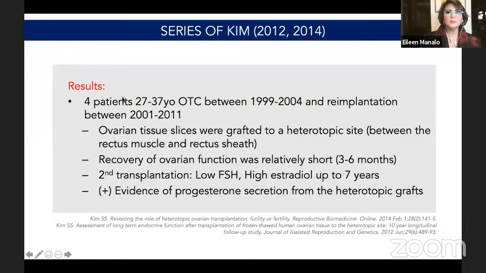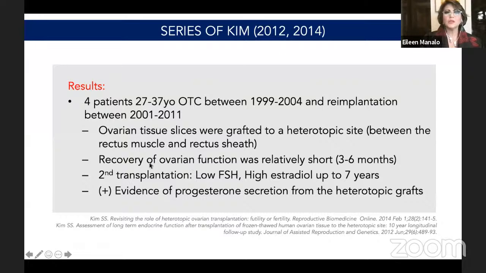And Kim reported in 2012 and 2014 about 4 patients ages 27 to 37 years old undergoing ovarian tissue cryopreservation between 1999 and 2004, and subsequently underwent reimplantation in 2001-2011. The ovarian tissue slices were grafted to the heterotopic site between the rectus muscle and the rectus sheath.